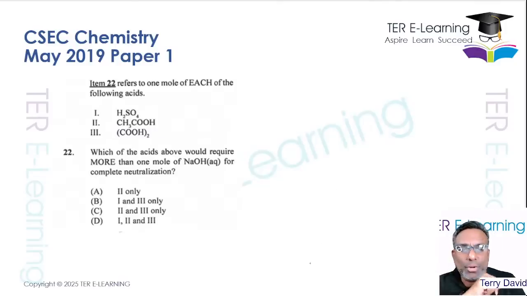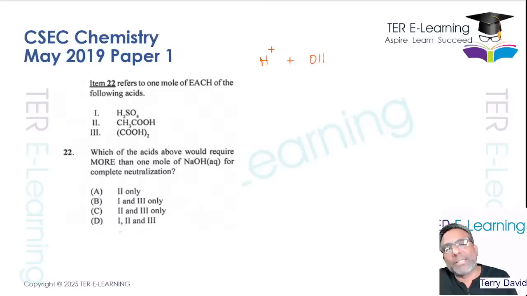All right, so I'm seeing some answers in the chat here. So when it comes to neutralization, this is what is happening. You have H plus and OH minus, and that's going to give you H2O, right? This is a neutralization reaction here. Now, when they said in the question, which acids require more than 1 mole of sodium hydroxide for complete neutralization?